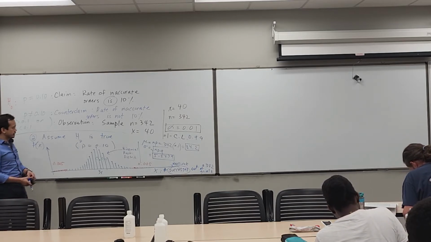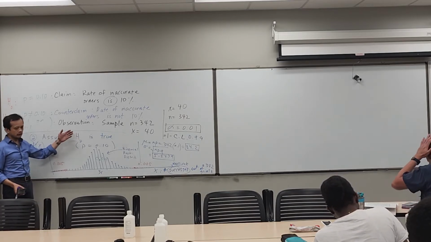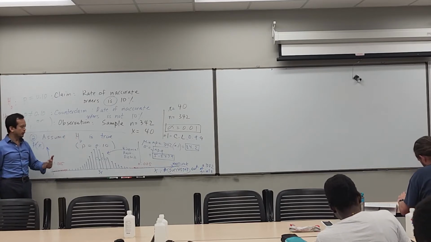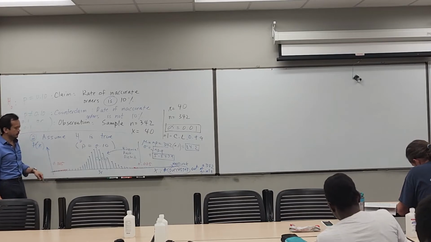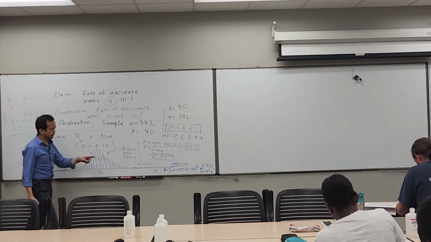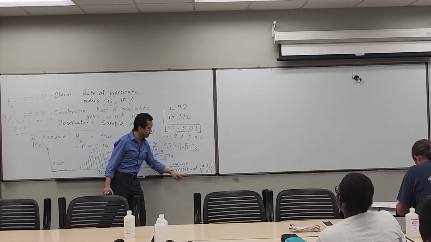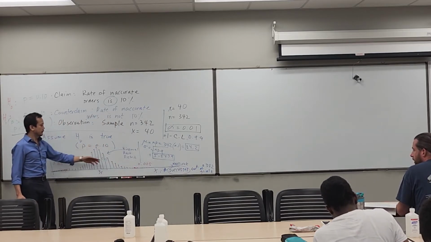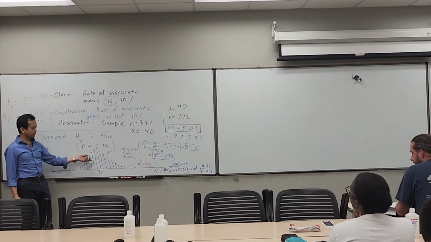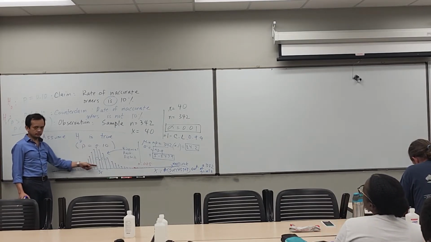Okay, so this is the visualization of the assumption that H0 is true, and P, the true rate of inaccurate orders for this whole restaurant, is 10% of the time. If we were to observe 342 orders, and we really have 10% inaccurate orders, then this would be the probability distribution representing the number of inaccurate orders we observe.